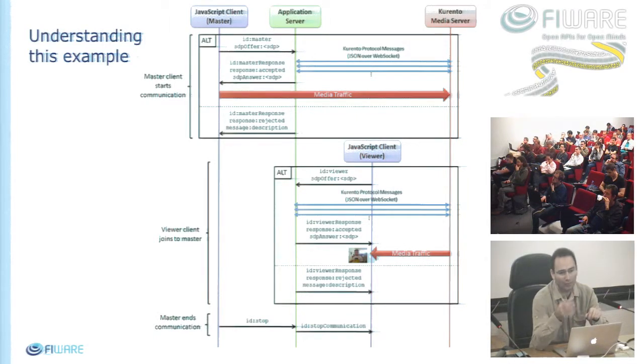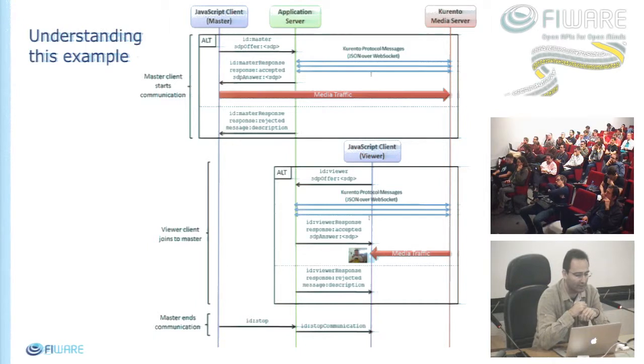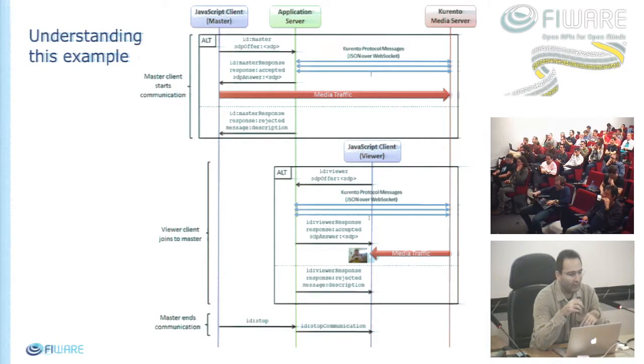Of course, for that WebRTC endpoint, I need to make the negotiation of the SDP with the master. Again, the master generates the SDP. I give that SDP to the WebRTC endpoint, and the WebRTC endpoint generates the answer, which is given back to the master. So this is what is going to happen. And after that, I can have viewers connecting, as many as I want.